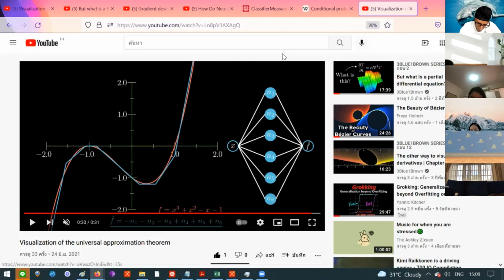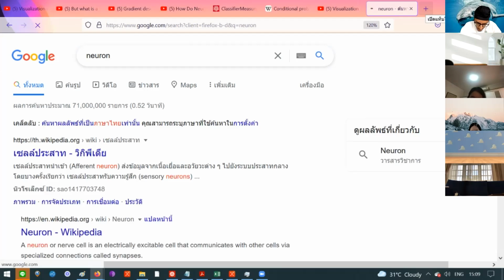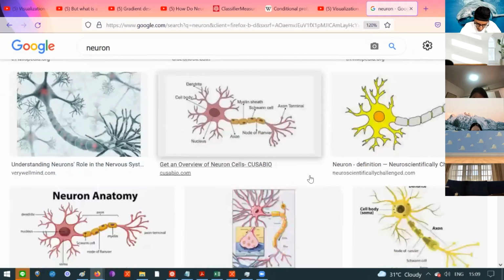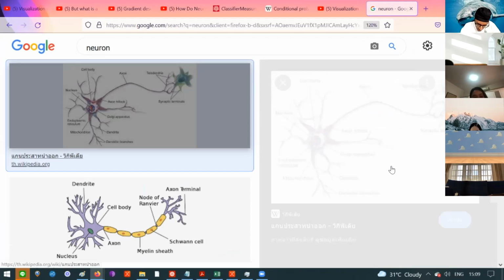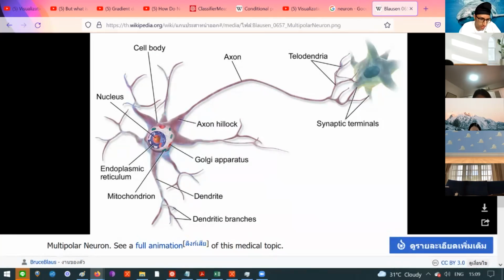Let's go to the internet and look at the picture of a neuron. Okay, let's look at the picture of a neuron. This one's good. I like this one. Okay, this is a nice picture.